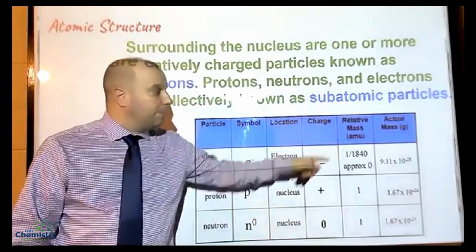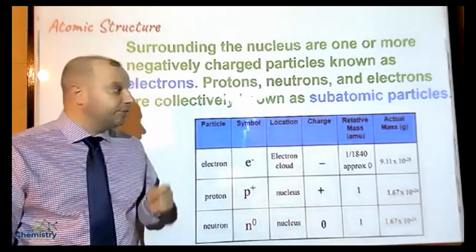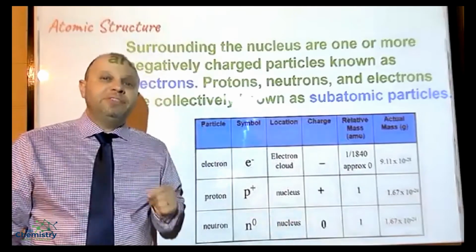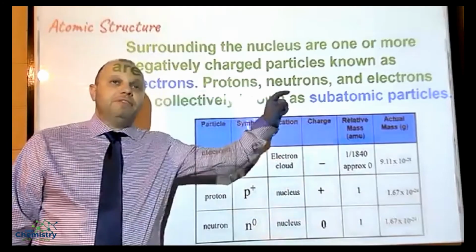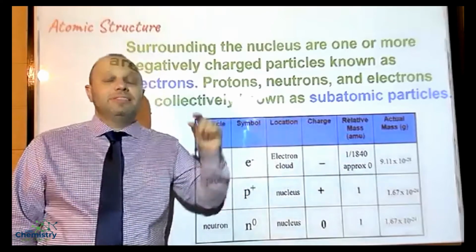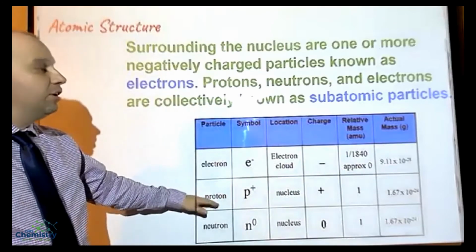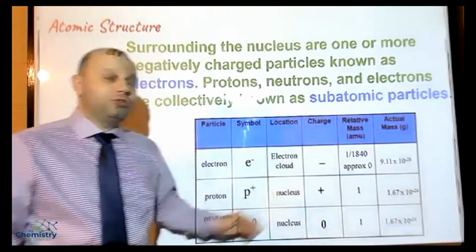If you look at the actual mass in grams, you can get a sense of how incredibly small that is: 9.11 times 10 to the -28 grams. So it's like a decimal point with 27 zeros behind it, and then finally a 9. That's incredibly small.